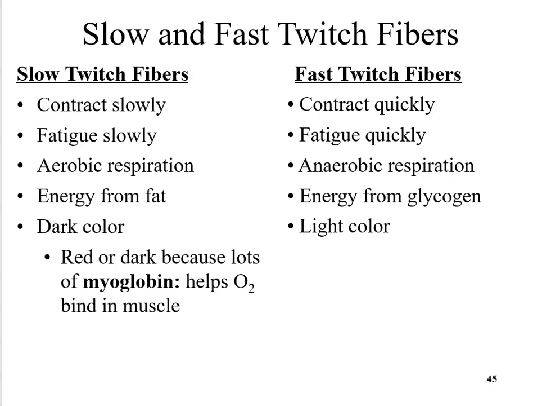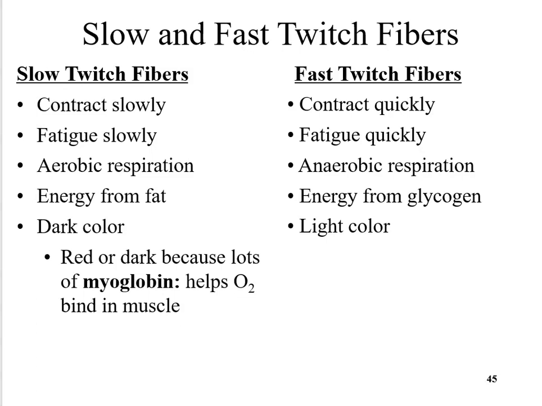They also fatigue slowly. They rely on aerobic respiration because the cell has time to be supplied with oxygen and break down glucose fully in the mitochondria. The energy is supplied from fat, which does take longer to break down.